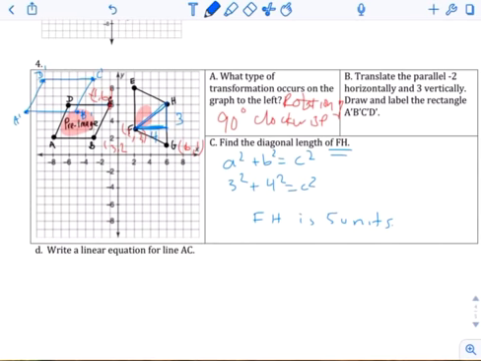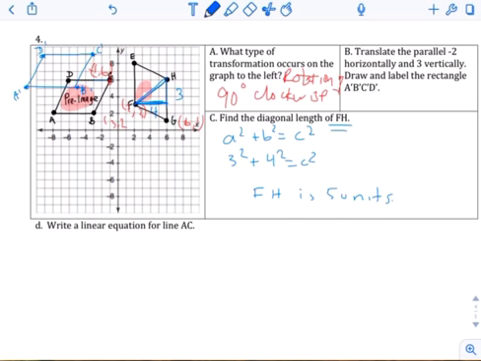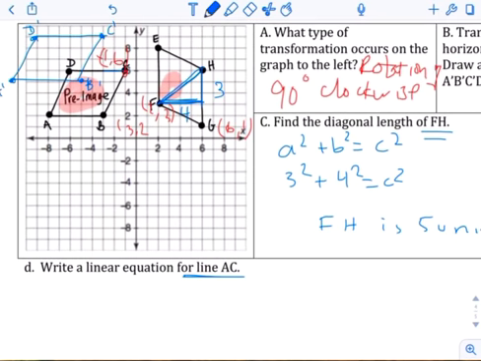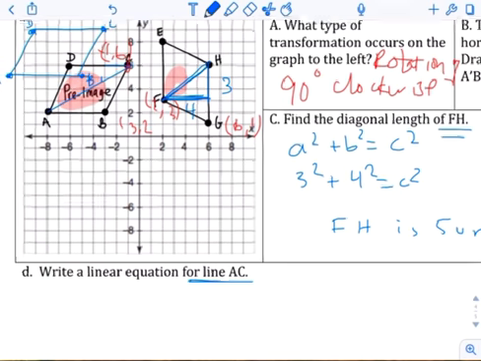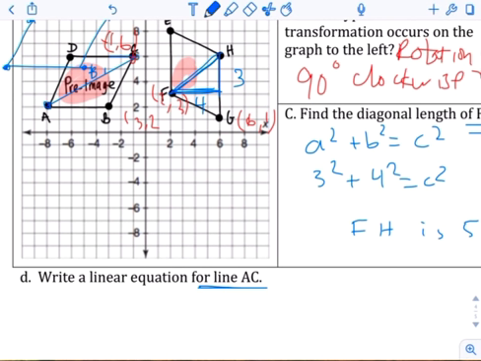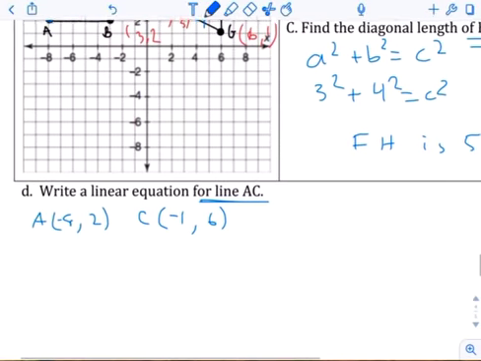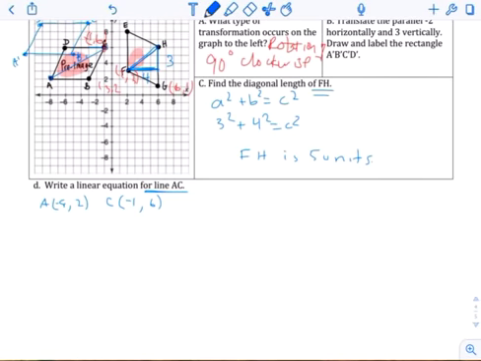And then write a linear equation for line AC. Okay, line A to C. You know that line. Okay, let's look at A. A is -8, 2. C is -1 and 6. You want a linear equation.